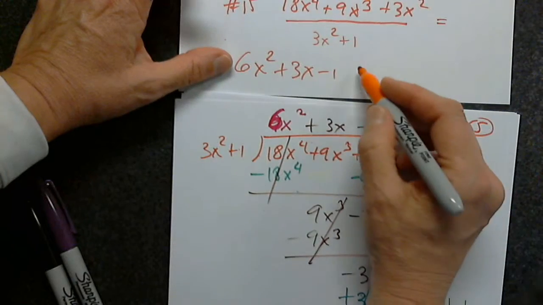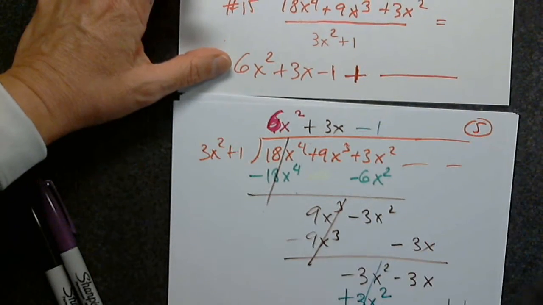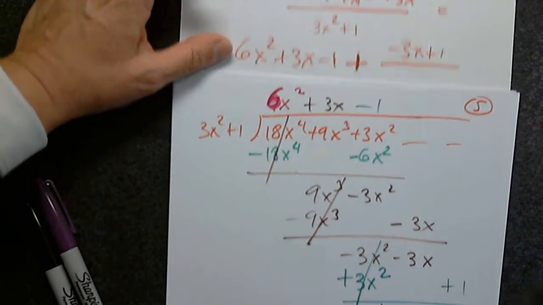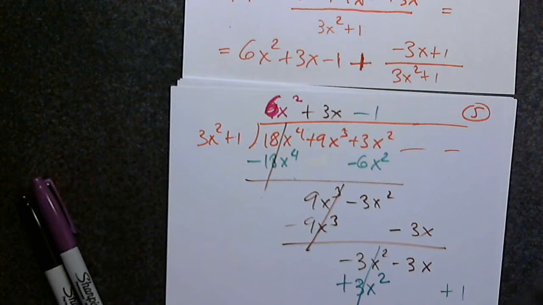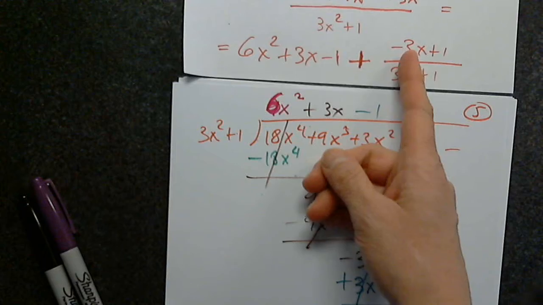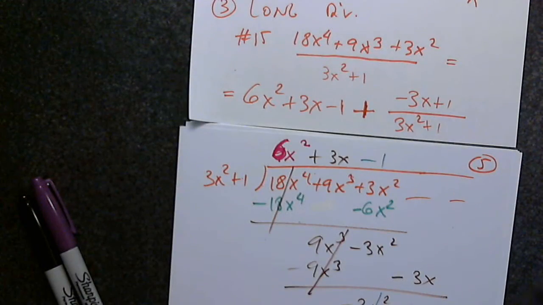It doesn't matter if you want to put minus in front, you can, but let's copy it as plus first. The top is negative 3x plus 1, which is the remainder, and the divisor is 3x squared plus 1. We cannot apply synthetic division here, so if you'd like to check, you will multiply this by this and add negative 3x plus 1 to recover the top.